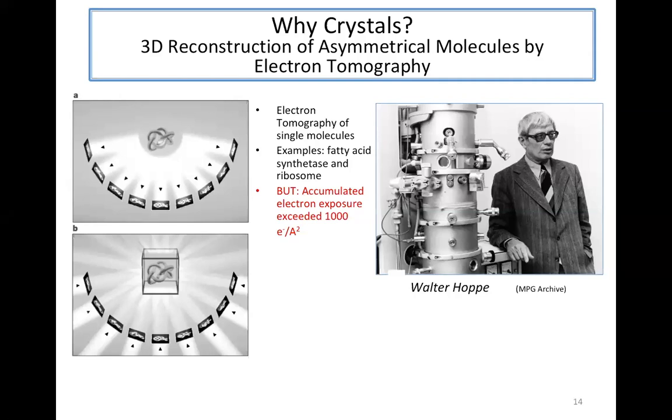In electron tomography, you tilt the EM grid into many different angles, and then use the Radon theorem, the projection theorem, in order to fill the Fourier space, and then do the inverse Fourier transform.